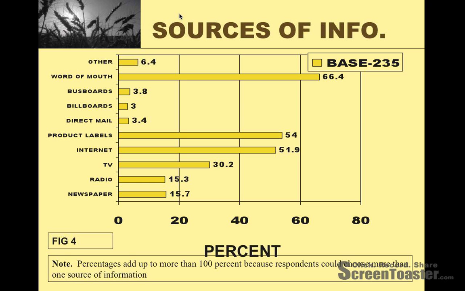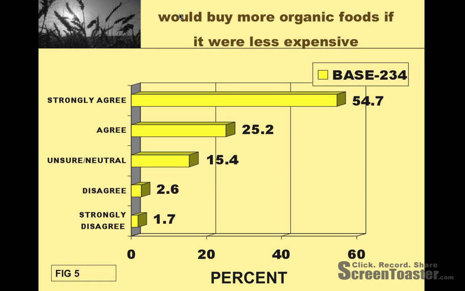Sources of information. We found out that word of mouth was the topmost source of information for most respondents, closely followed by product labels and internet. We asked the respondents if they would buy more organic food if it were less expensive, and we found out that most respondents totally agreed to that, with a percentage of 54.7.